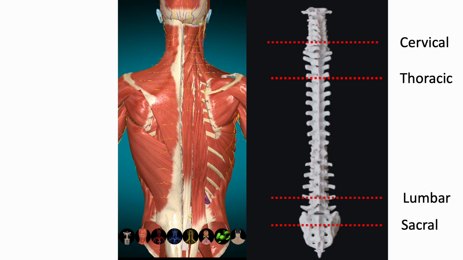As mentioned before, the erector spinae muscle complex extends from the base of the skull to the sacrum, and hence an erector spinae plane block can be performed at any level in the spine. The commonest being the thoracic, the less common are the cervical, lumbar, and the sacral erector spinae plane block.